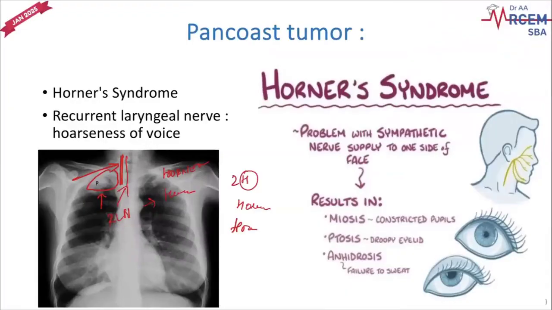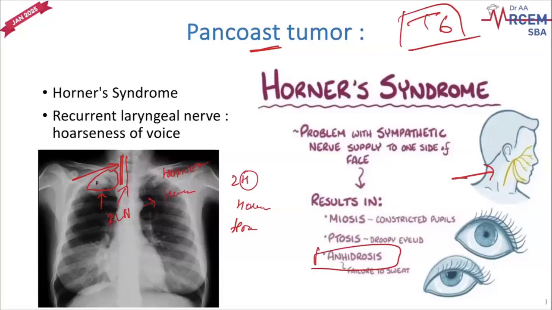What is Horner syndrome? Horner syndrome is a triad. There are various causes for Horner syndrome. Everything causes compression over the sympathetic chain. Whenever there is compression of the sympathetic chain above the level of T6, it results in Horner syndrome. Horner syndrome results in anhidrosis, that is no sweating on the affected side at all.